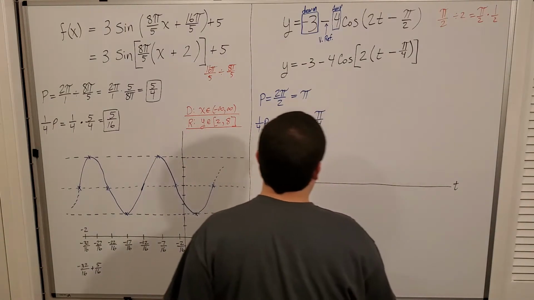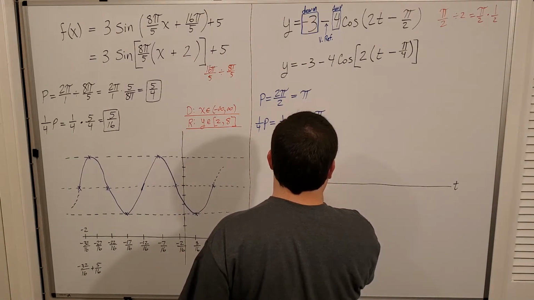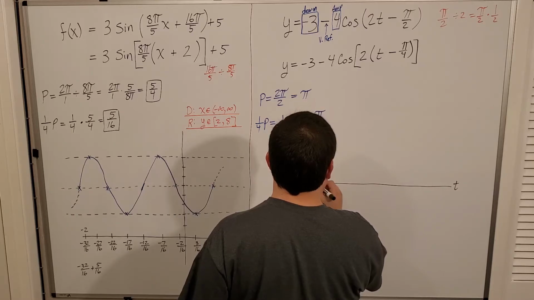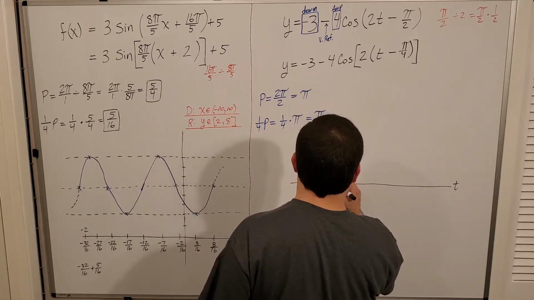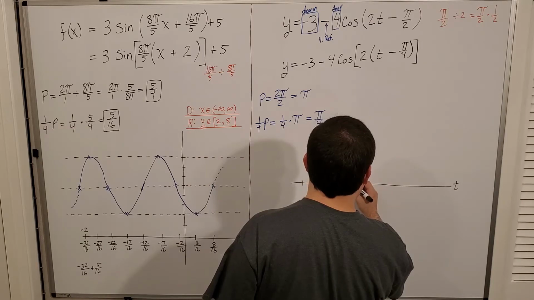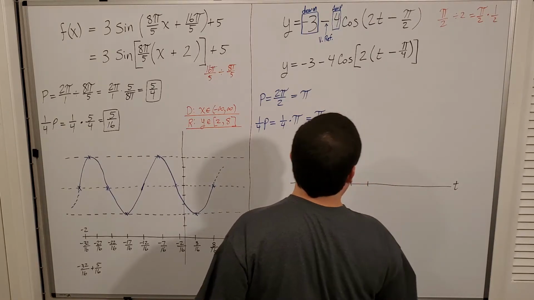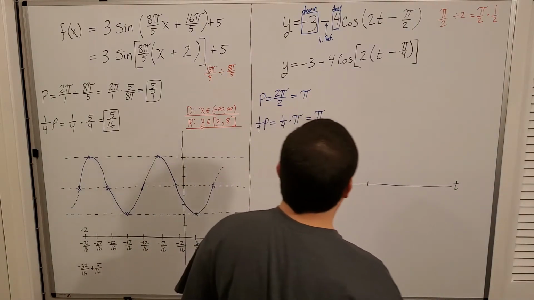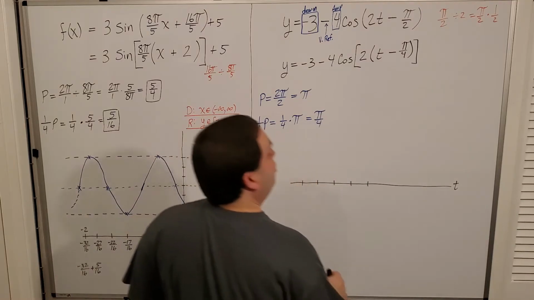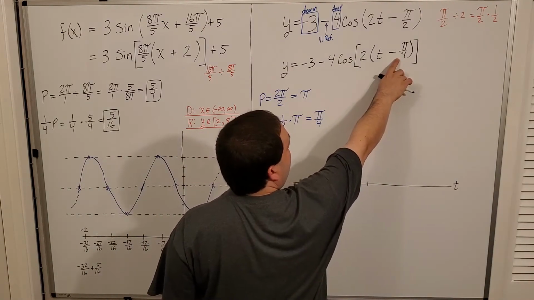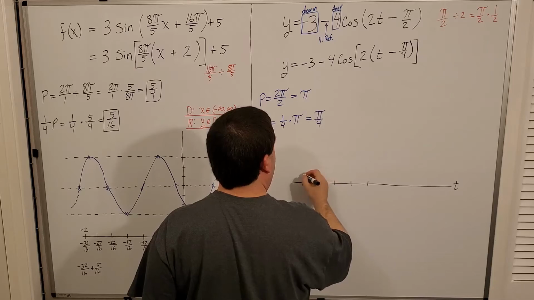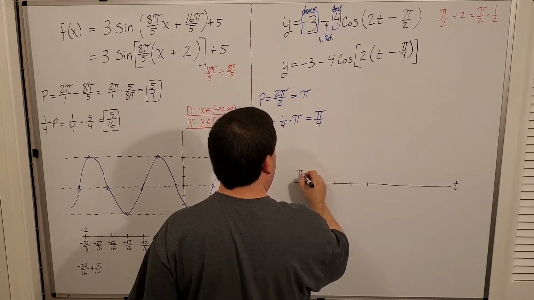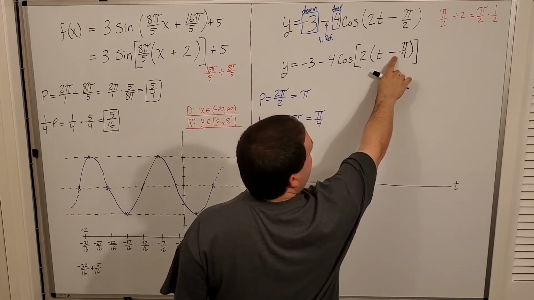Okay. I'll put my 5 marks on here. 1, 2, 3, 4, 5. Very good. And I'm going to start at the shift. The shift is pi over 4 to the right.